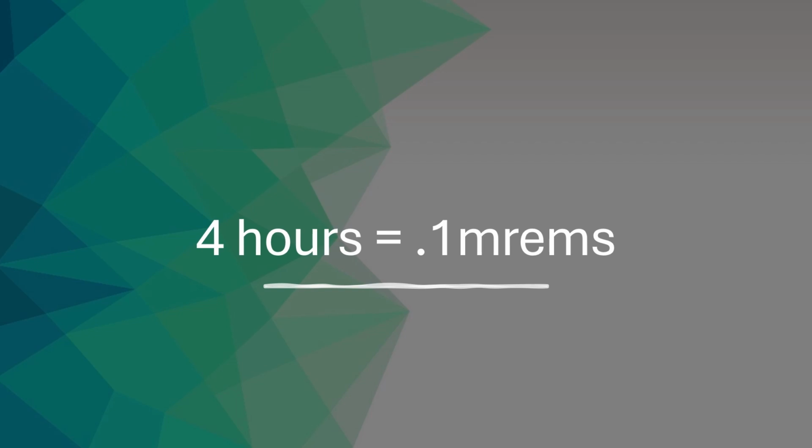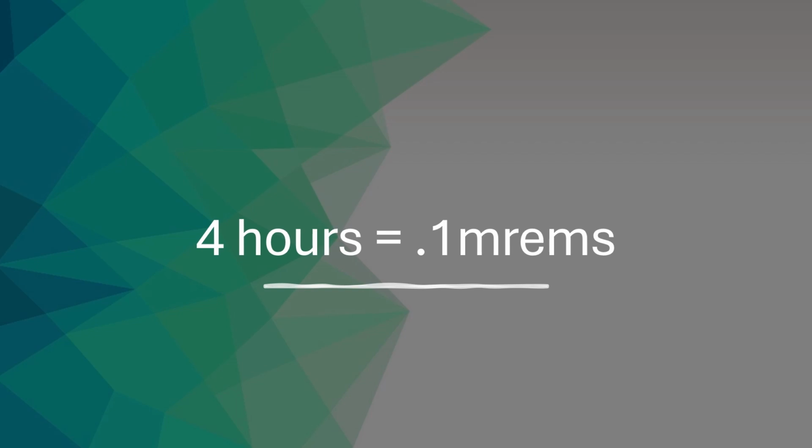Holding a tumbled piece of eudialyte has very minor radioactive elements. And if you held it for 4 hours, it would expose you to 0.1 mREMs. That's M as in Michael, R-E-M, S. And that's a scale of radioactivity.